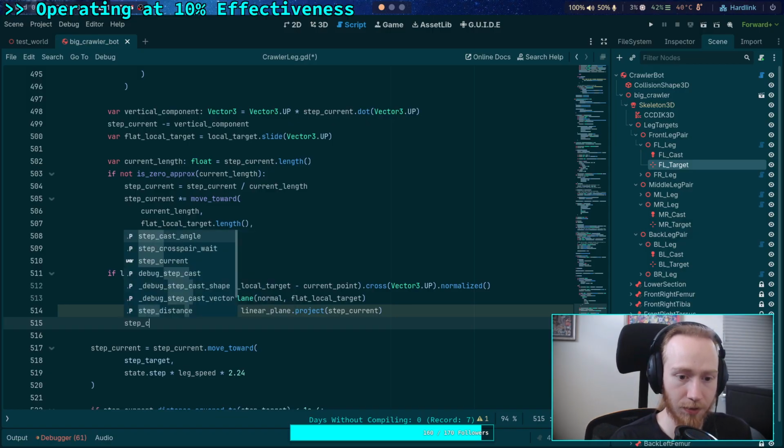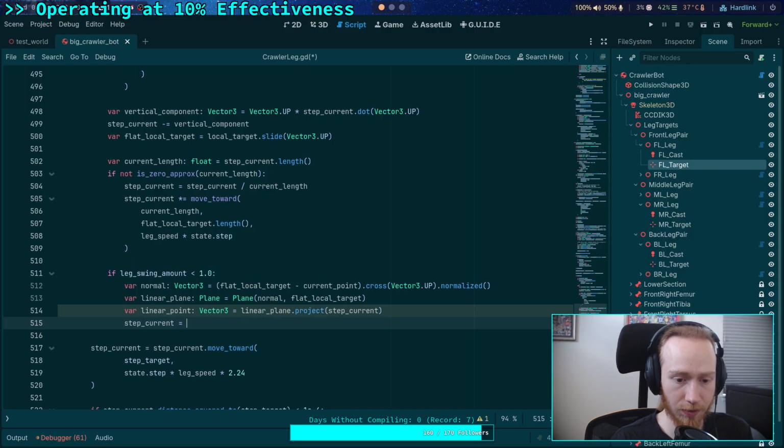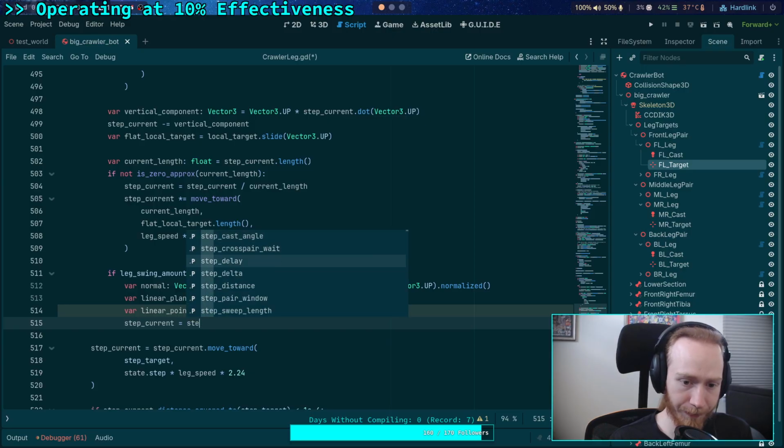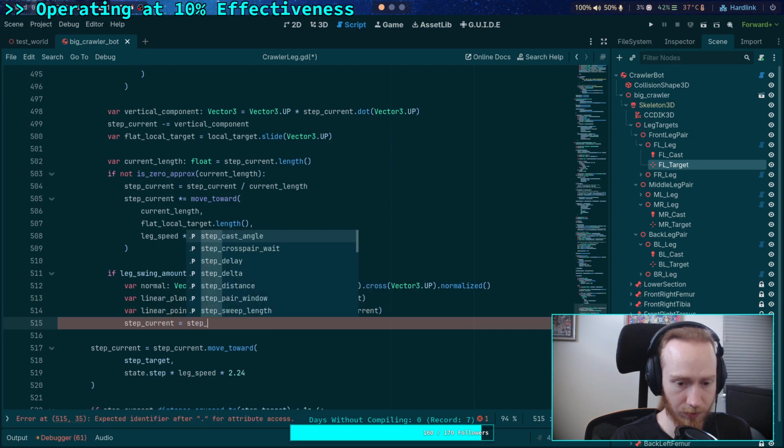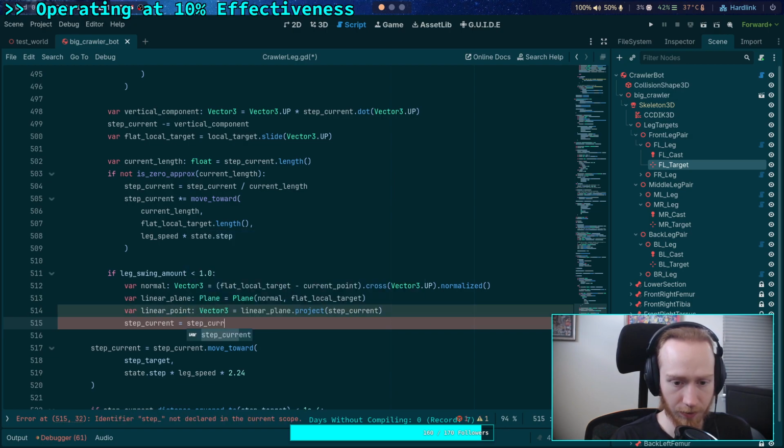So then I do step current, does this have like a, yeah, interpolates to this.